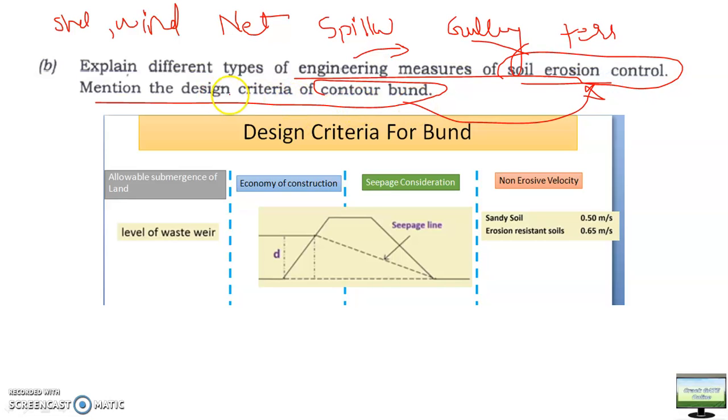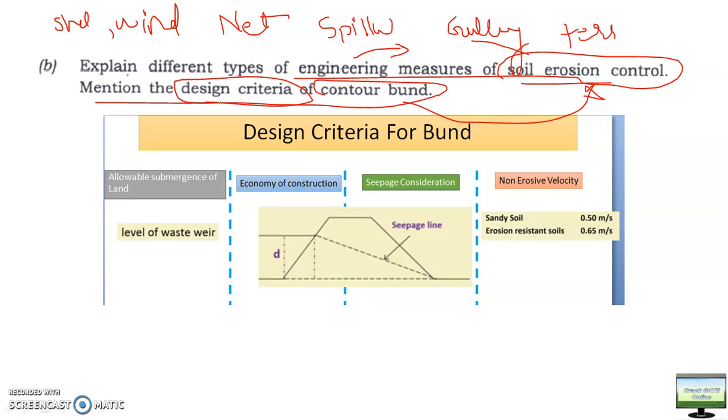So all these are the engineering measures. And the second part is asking what is the design criteria. So whatever I told you in this video, that is not the design criteria. Okay, what was there? It was how you will design. So that was the designing method, not the criteria. In this question it is asking what criteria you will use for deciding the vertical interval, what criteria you will use for deciding the horizontal interval.